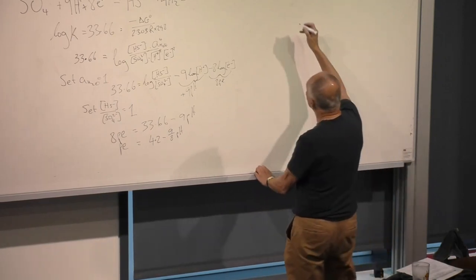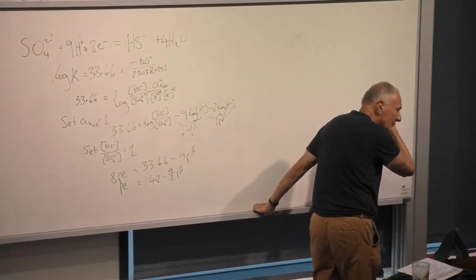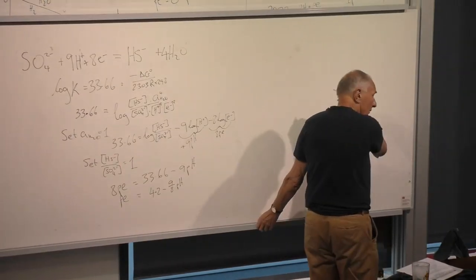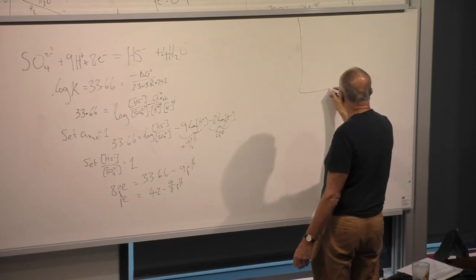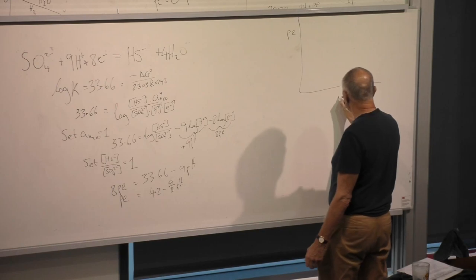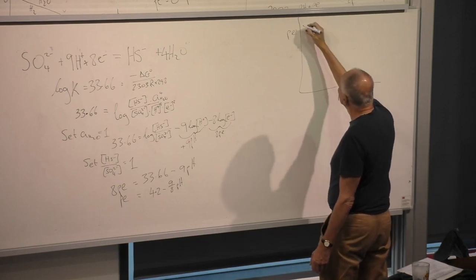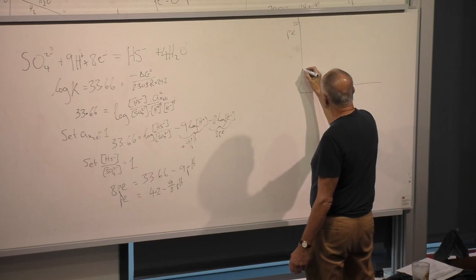So we can put it on our diagram. Not sure this is in view. Here's a PE-pH diagram. That's 20. That's 0.